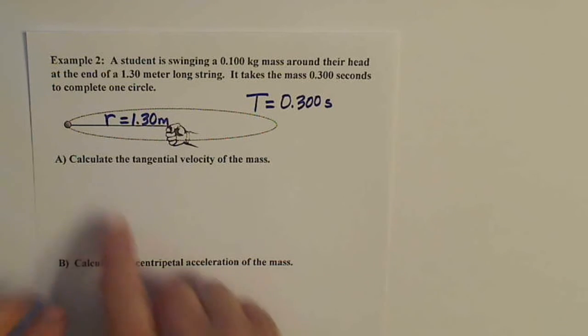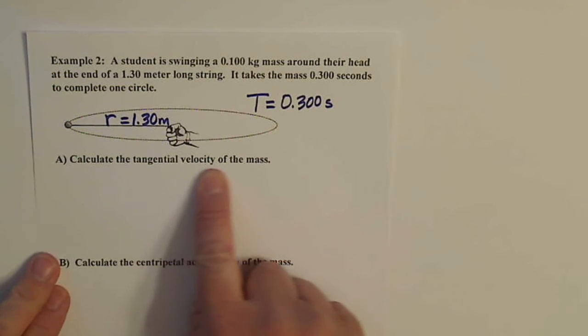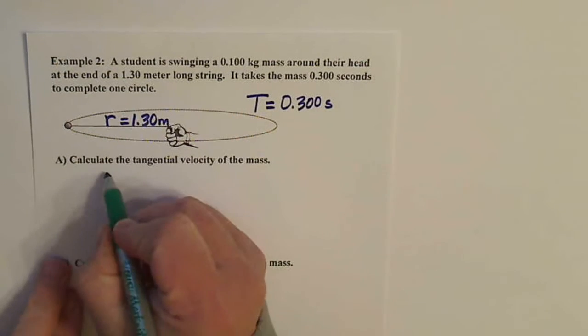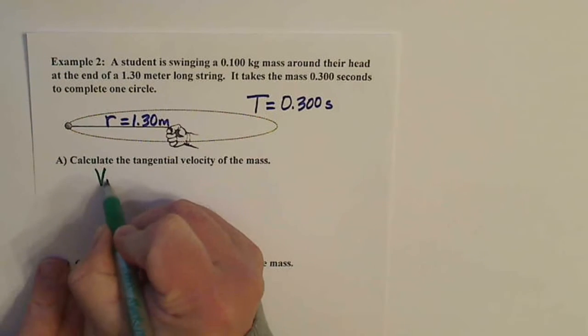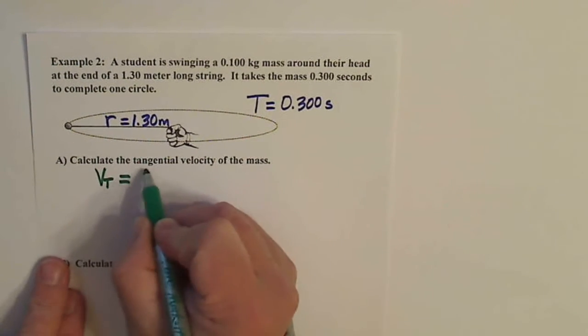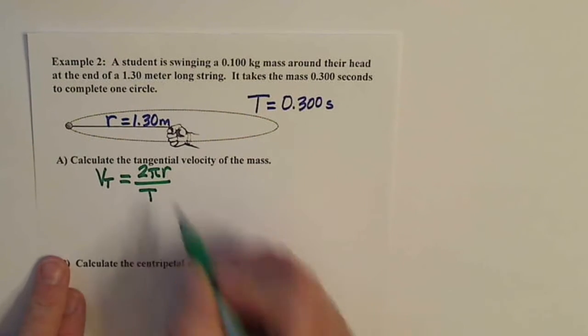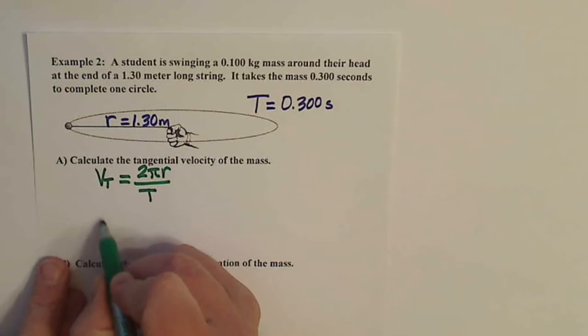All right, first part of the question asks, calculate the tangential velocity of the mass. So we'll bring up our tangential velocity formula, 2 pi r over the period. Now we start plugging in the numbers.